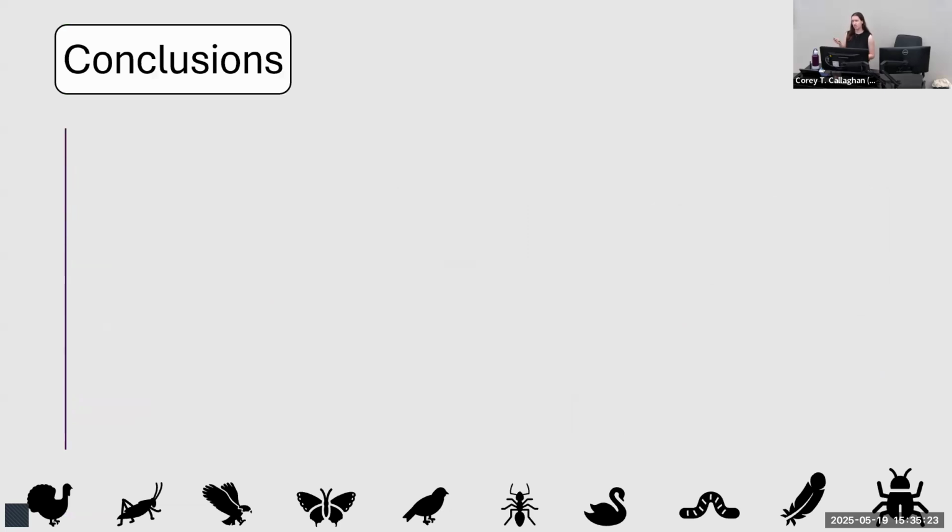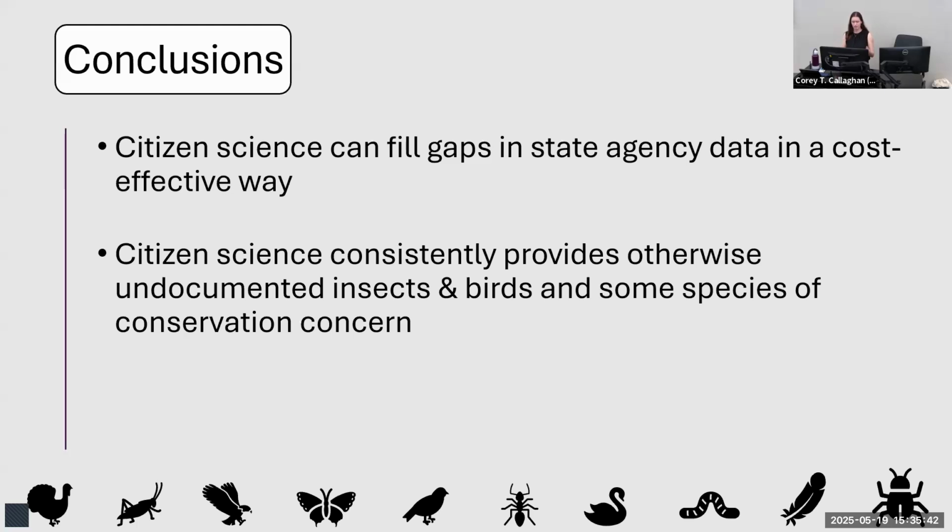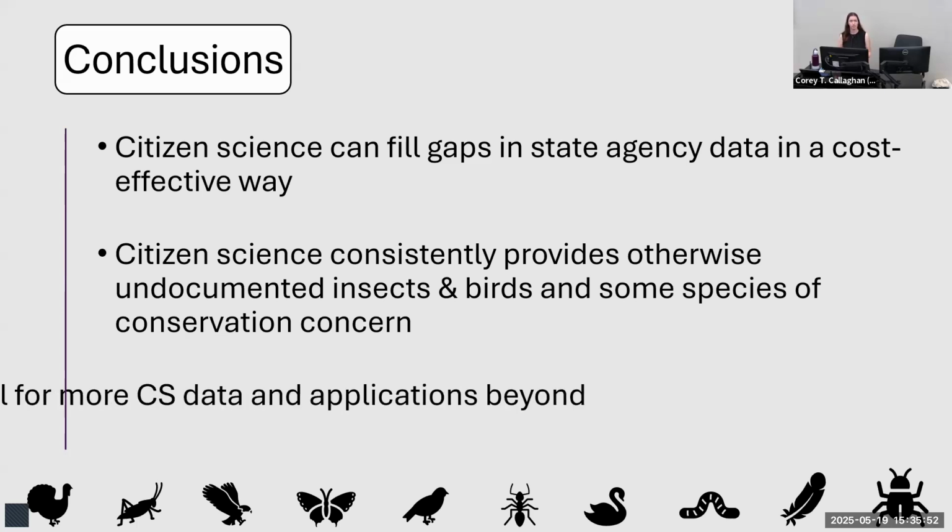The key conclusions from all of this are that citizen science can fill gaps in state agency data in a cost-effective way. All of these data sets are freely available. They're pretty easy to tailor to different geographic areas, and these data sets are especially consistently providing otherwise undocumented species of insects and birds, and even some species of conservation concern.